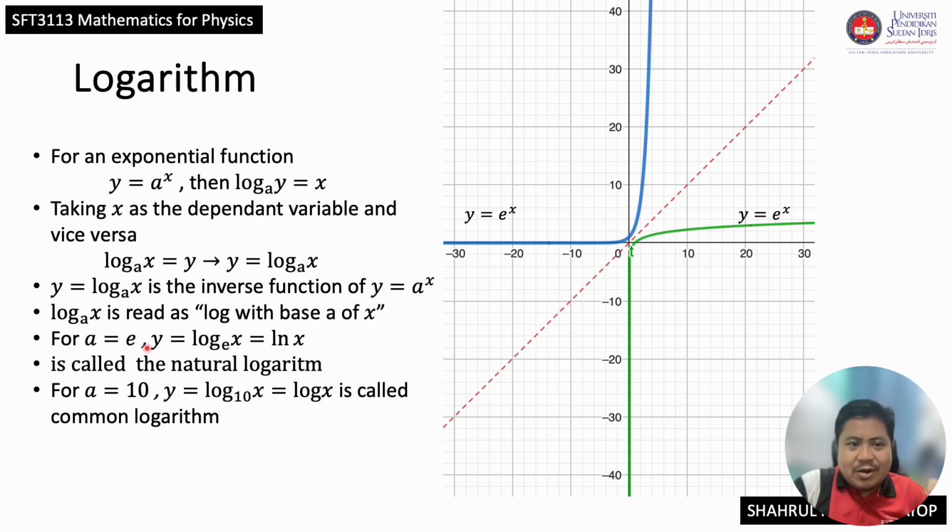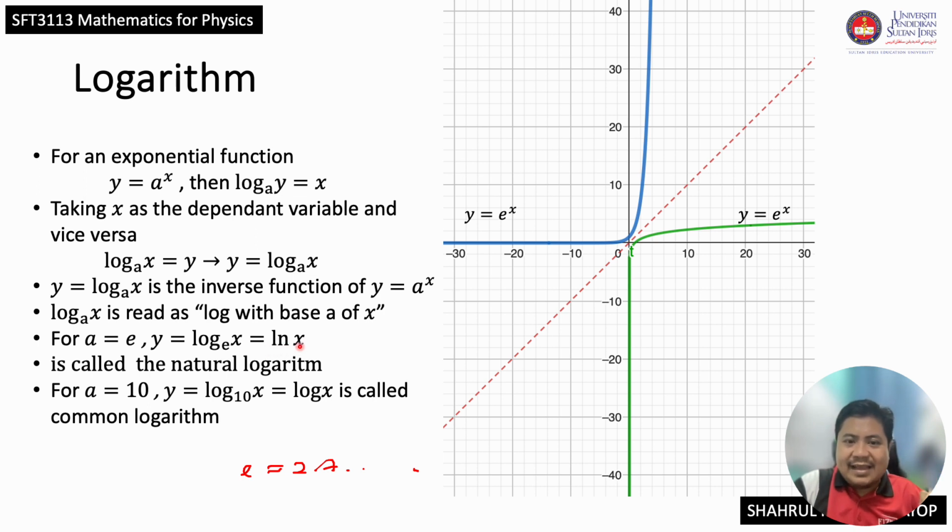In the case of a equal to e, which we learned from the previous lesson, where e is about 2.7, if a is equal to e, we have log base e of x, and we can write it in another notation as ln x.